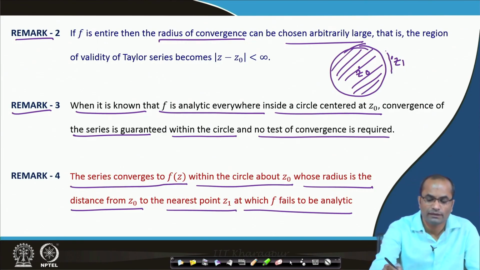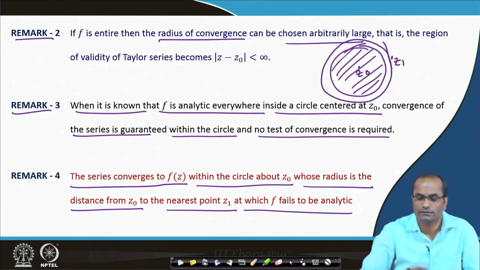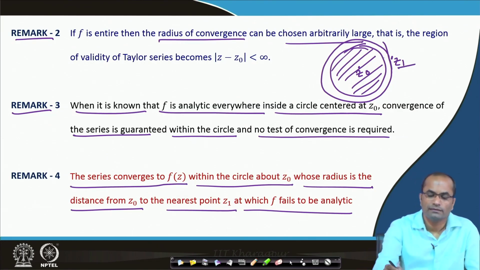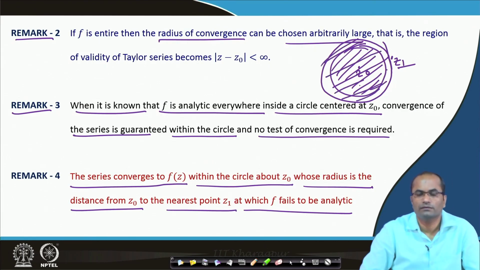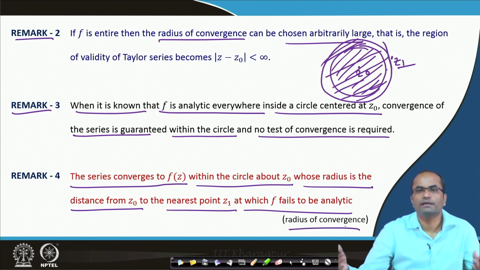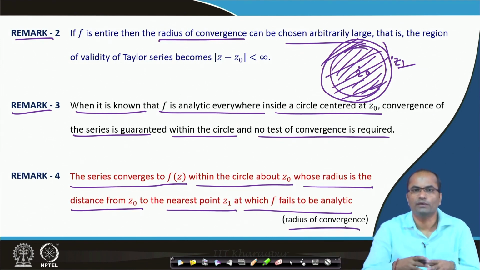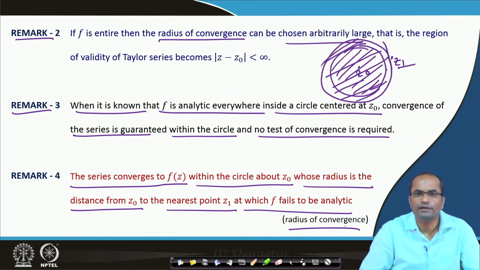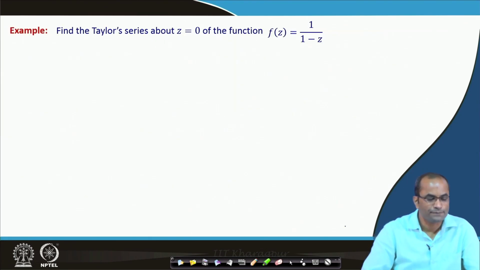So we can at most go very close to this z1, but we should not cross or touch it, and then there is no problem about the convergence of the Taylor series where our function is analytic everywhere in this disk. This is how we get the radius of convergence: by knowing how much we can extend this disk so that no point comes into it where the function becomes non-analytic.